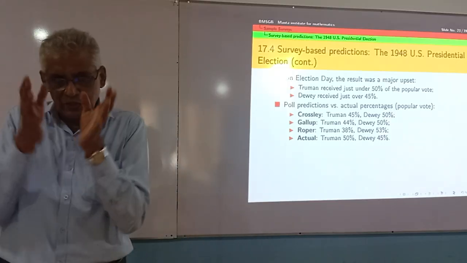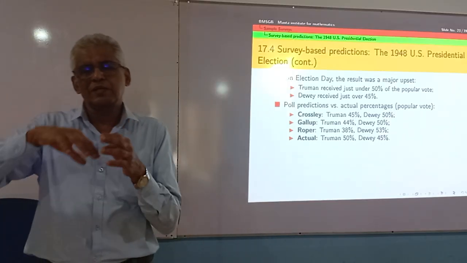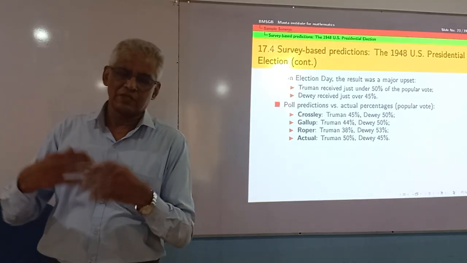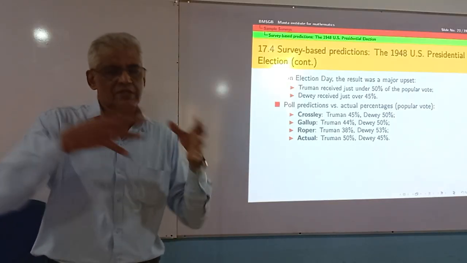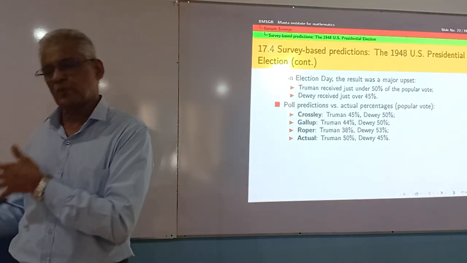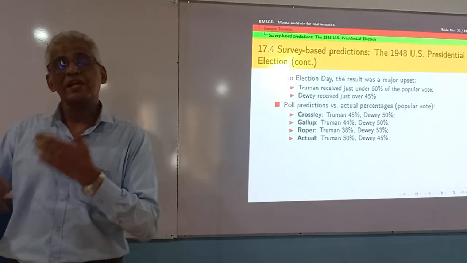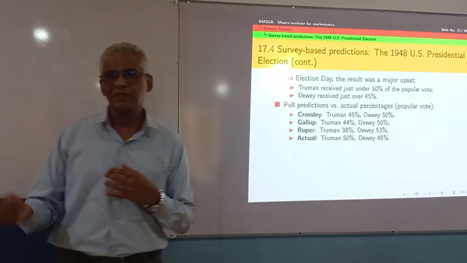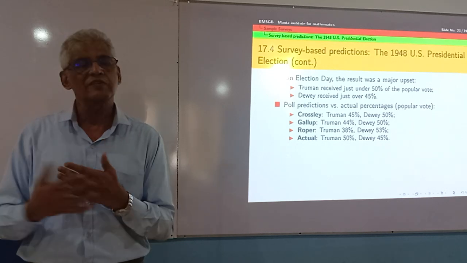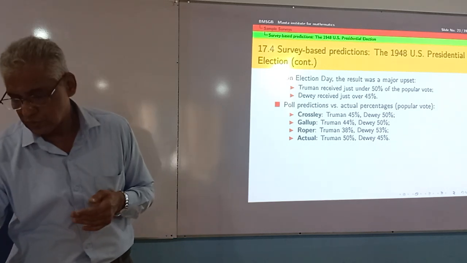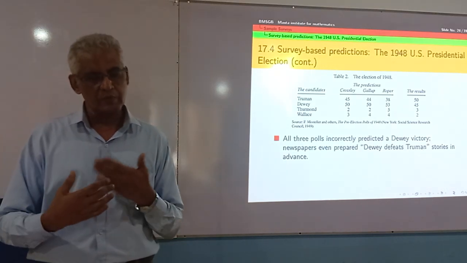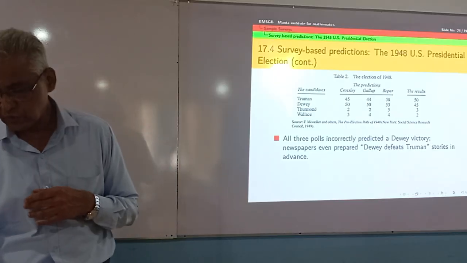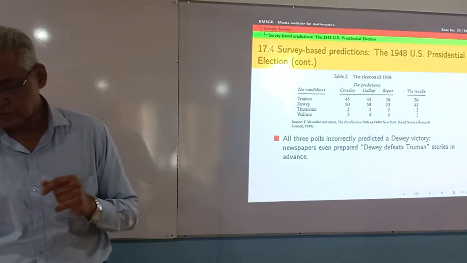Even though quota sampling is done to represent the population as much as possible, it's not a random sampling method. There is some non-random element in the selection, right? Interviewer bias. So when you have that kind of problem, that again can give you wrong predictions.